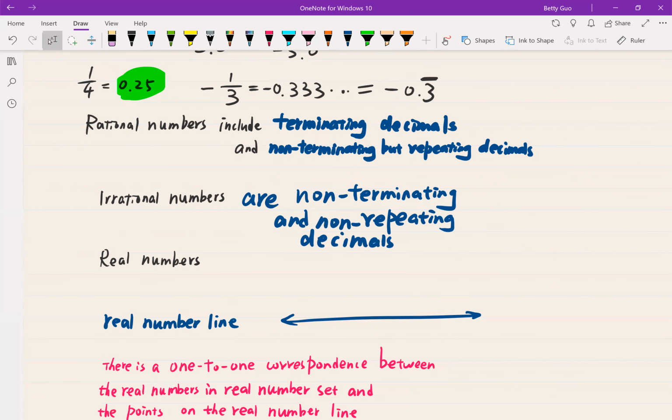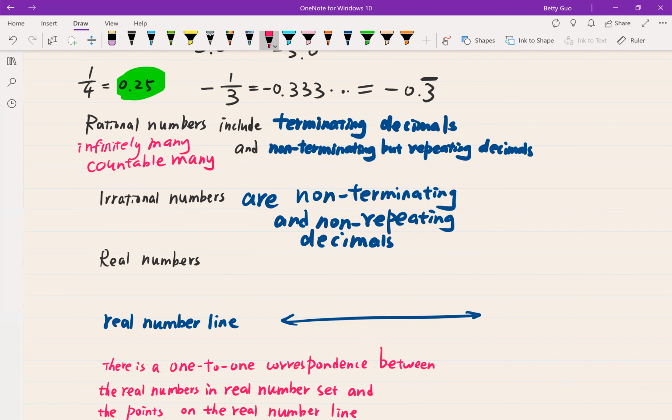You might wonder, do we have more rational numbers or more irrational numbers? When we say rational numbers, we have infinitely many but countable rational numbers. Countable means we are able to count them, 1, 2, 3, 4, even if it takes forever, we are able to count them.